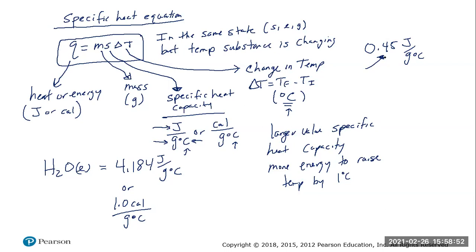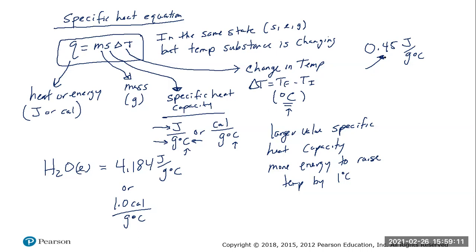Also why people get very concerned when the waters of the world go up by a degree Celsius or something like that. That's a very large specific heat capacity. So in order to make even that 1 degree difference in the temperature, it takes a lot of energy.